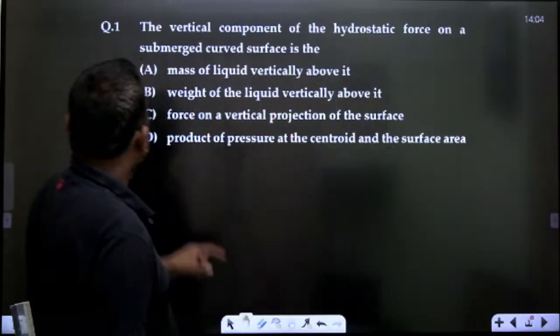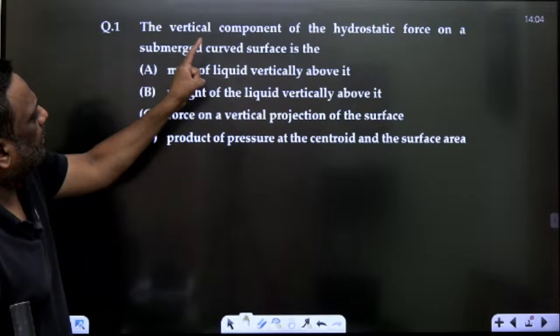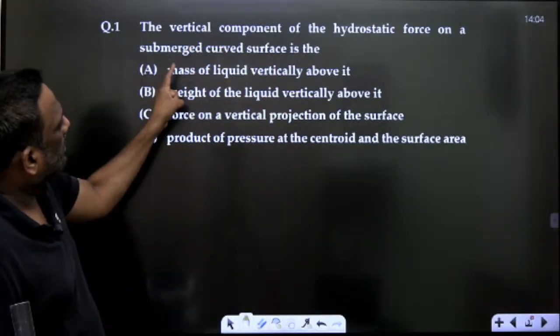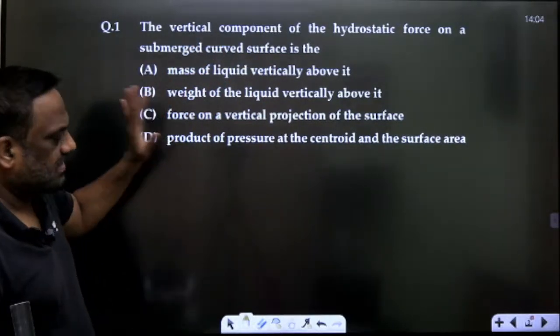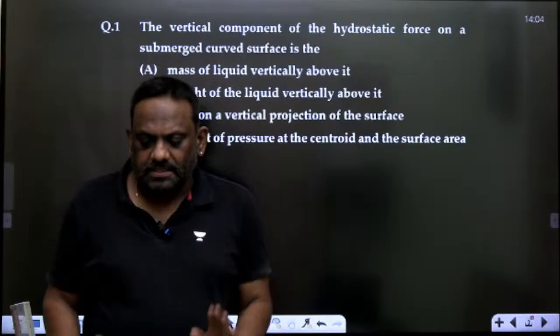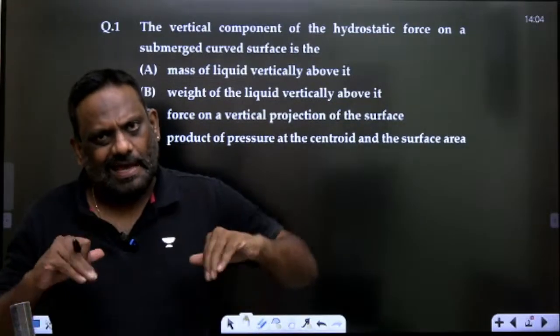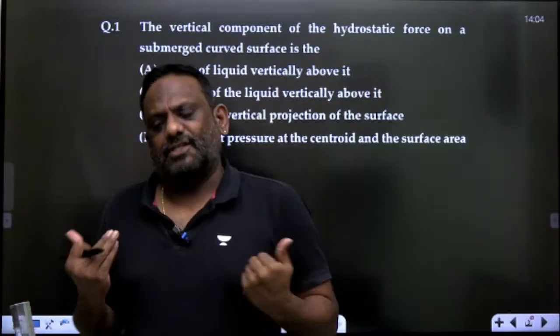Okay, sir? Start. The vertical component of hydrostatic force on a curved surface is equal to... Give the answer. These are not PYQ, sir. These are the questions which I am expecting.